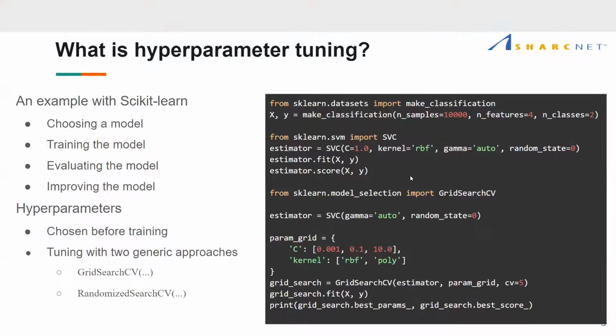So next is to select a model or an estimator. In this example, a support vector classifier, SVC, is selected. It is an estimator using the support vector machine algorithm, if you're familiar with that. Given labeled training data, the algorithm will output an optimal hyperplane, which consists of the support vectors that can categorize any new example for future prediction.